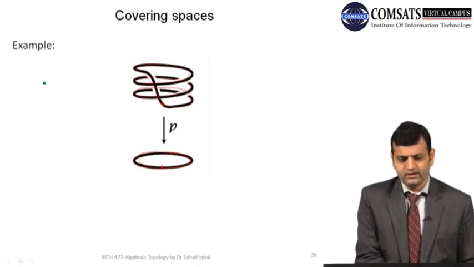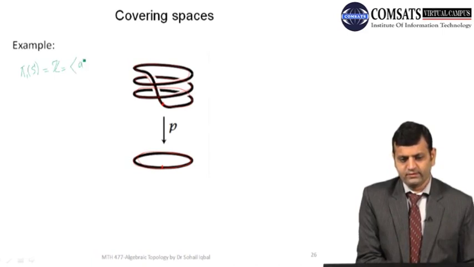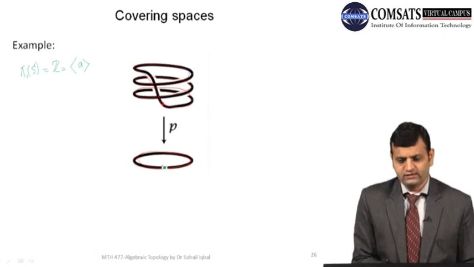The first thing to notice is that the fundamental group of a circle is Z, and let's say that it is generated by some element A. This A is basically this one loop, and if we want to get other elements, then for example A squared is just taking two loops of this circle, and so on.